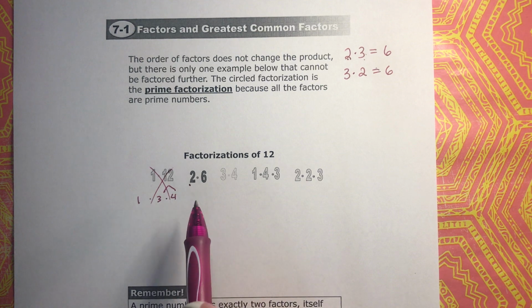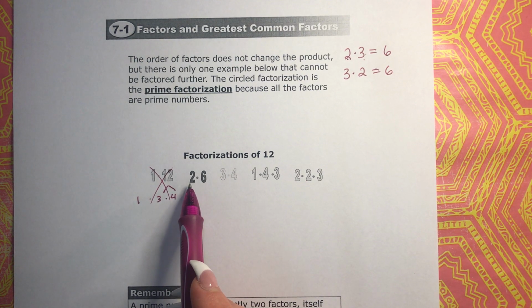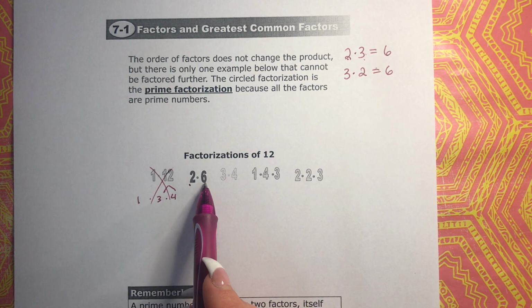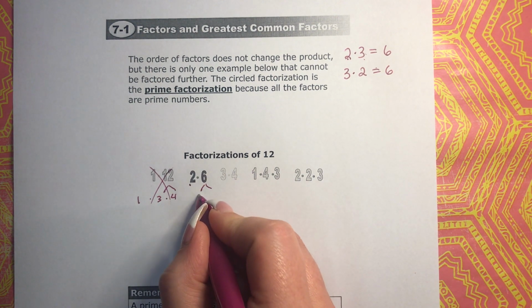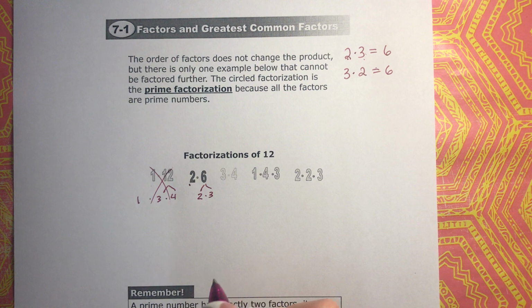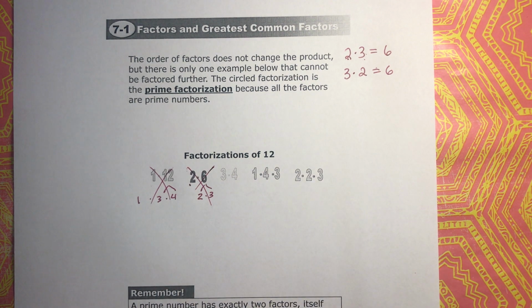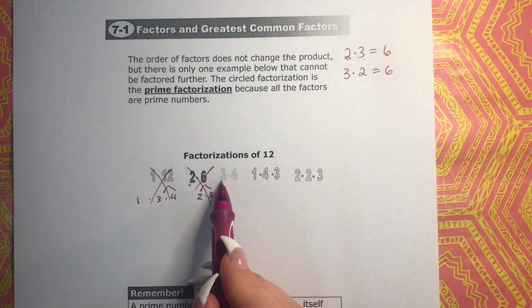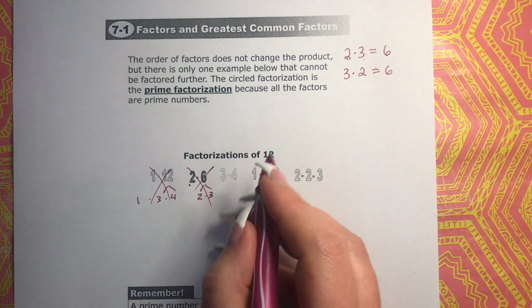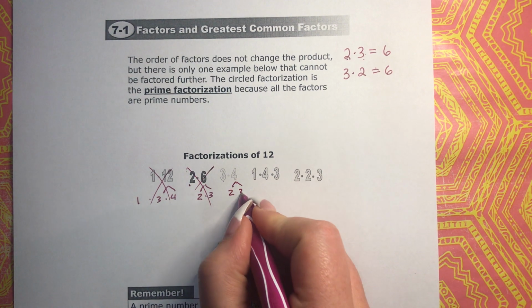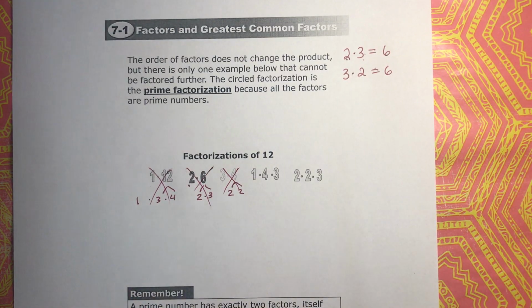What about 2 times 6? Well, 2 is a prime number, but 6 can be broken down further to 2 times 3, right? So it's not that one. What about 3 times 4? Well, 3 is a prime number, just 1 times 3, but 4 can be broken down into 2 times 2, so that's not it.